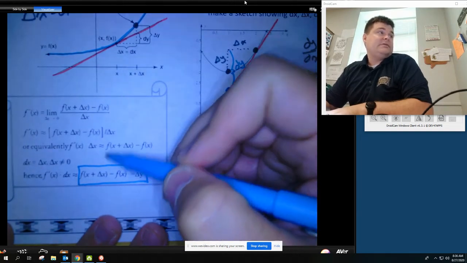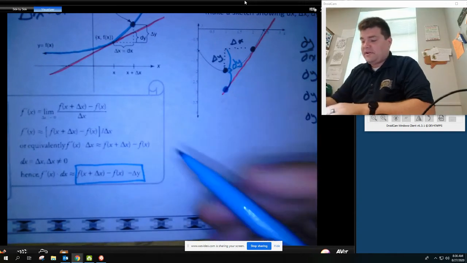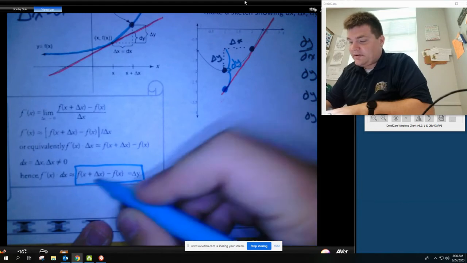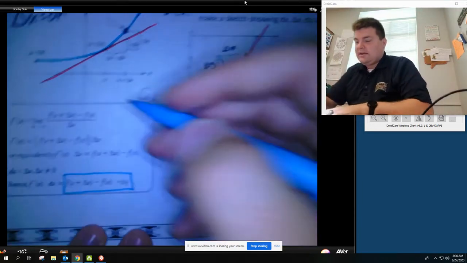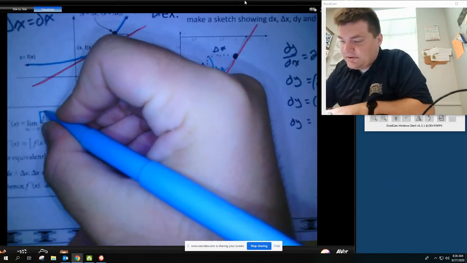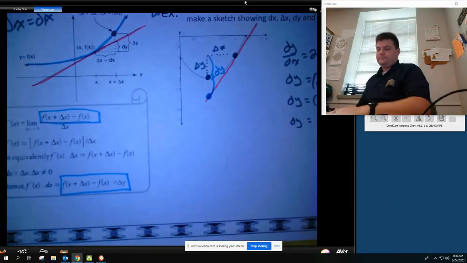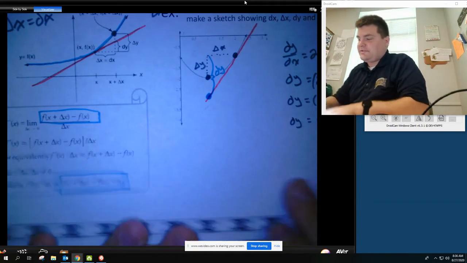Okay, so you can go through and figure out that, hey, f prime dx is the same thing as this right here because it's just the change in y. So it's just this top part of your definition of a derivative. That's my delta y. So let's go for it.